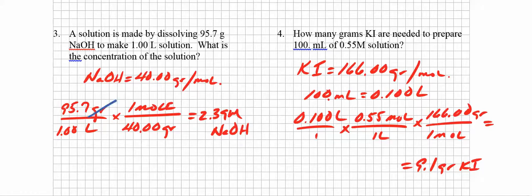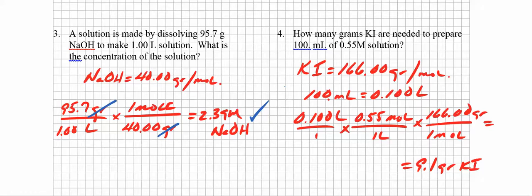That allows me to cancel grams with grams, and now I have moles per liter. That's what I want. So 95.7 divided by 1 divided by 40 gives me this number, 2.39. Notice I use the capital M to denote molarity. So that's 2.39 moles per liter, or molar sodium hydroxide solution. And that finishes number 3.